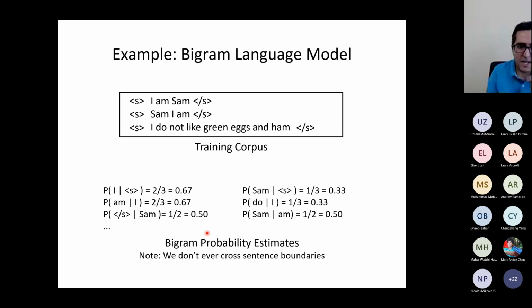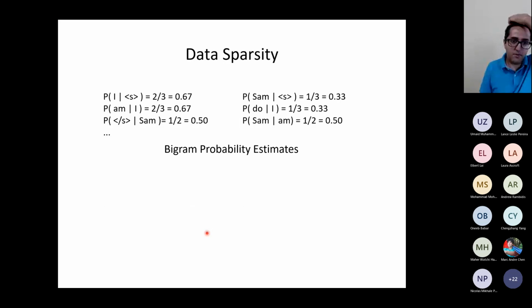So now that we have this, I have a note that we don't ever cross sentence boundaries when we say which word is the next, like behind what word. The context is a sentence, so we don't go to the next sentence. Now I just copy that data that we calculated here, and I'm going to use this model to assign probabilities to new sentences that I haven't seen.